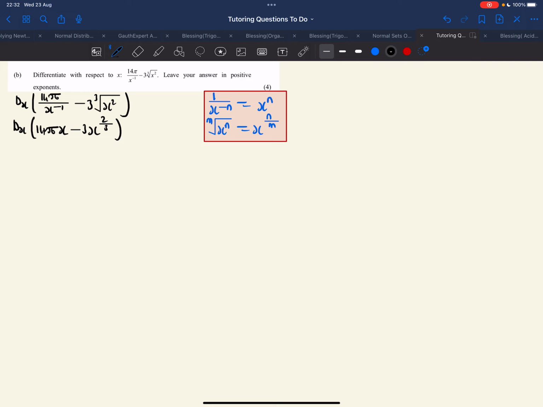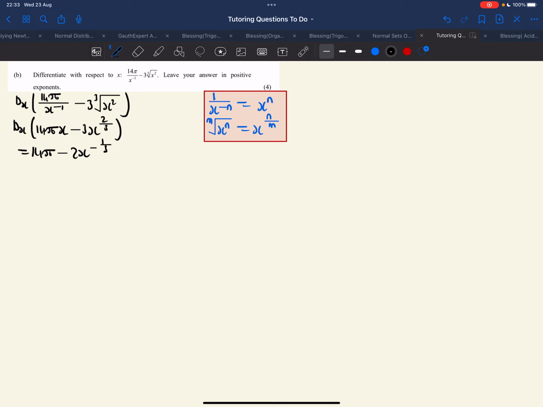If we do the first derivative, we basically get 14π minus 3 times 2 over 3, times x to the power of 2 over 3 minus 1. It's basically going to be minus 1 over 3.